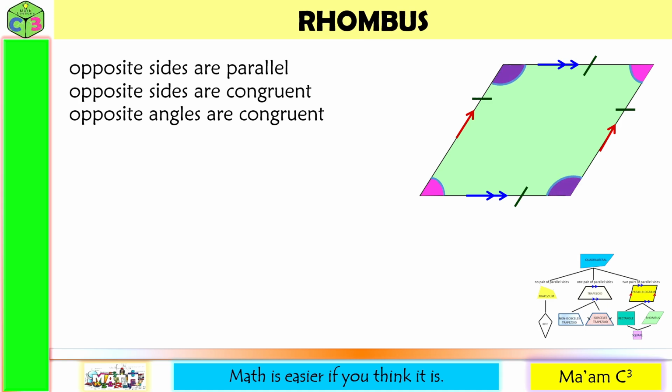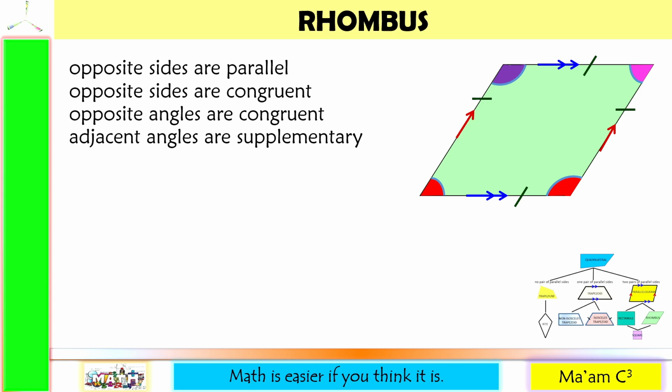Next one, adjacent angles are supplementary. So these two here are adjacent. So when you add their measurements, it is equal to 180 degrees. Same thing with these two here. They are also adjacent. So when you add their measurements, that would be 180 degrees. And diagonals bisect each other.